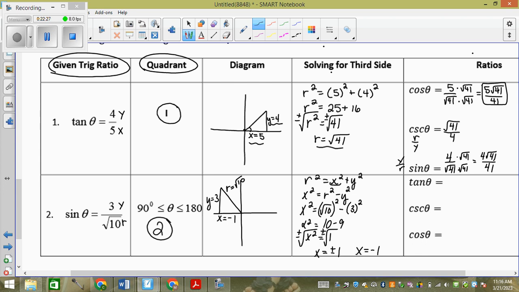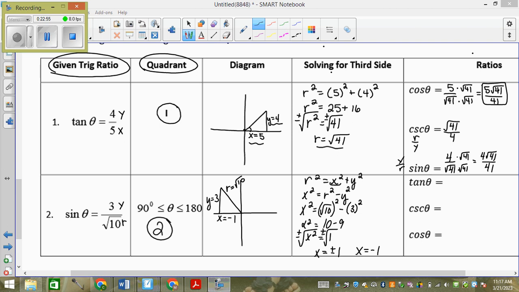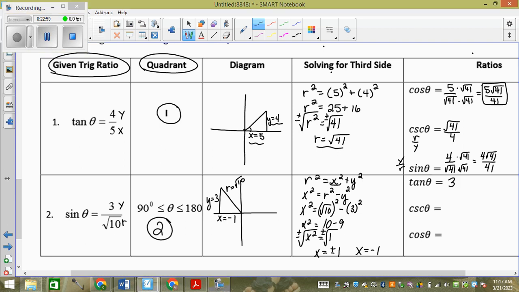So what's the acronym for tan? Tan your X box. Fill it in. See what you get. So, tan your X box.